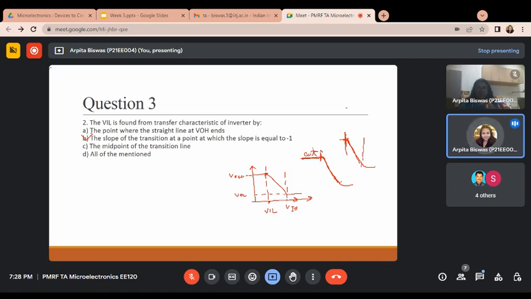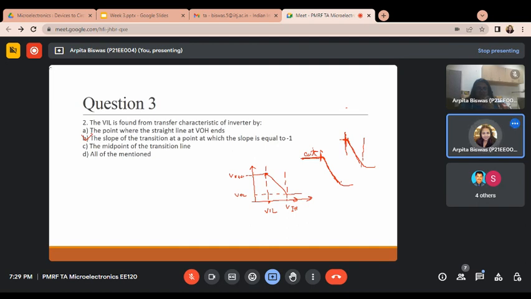Because when VOH ends, up to that point, it is in cutoff mode. And in cutoff mode, the output does not depend on the input. So how much input you are giving does not affect the output voltage. When you give an input voltage slightly greater than this cutoff voltage, you enter into the active region, the slope is minus 1, and this voltage is known as VIL.